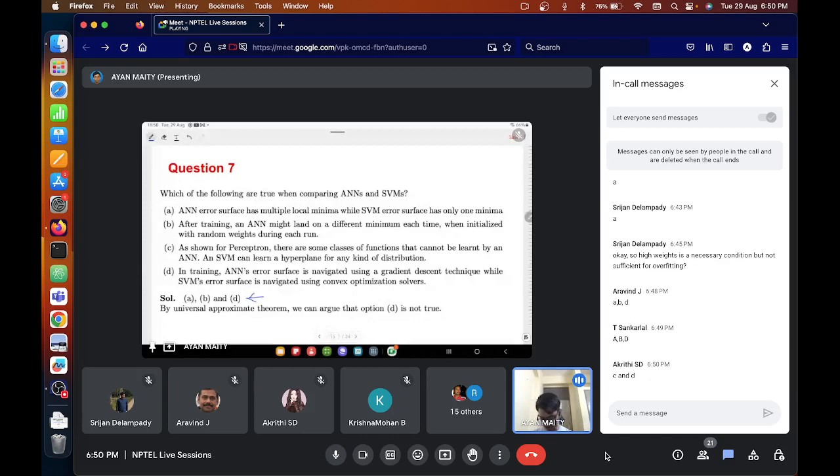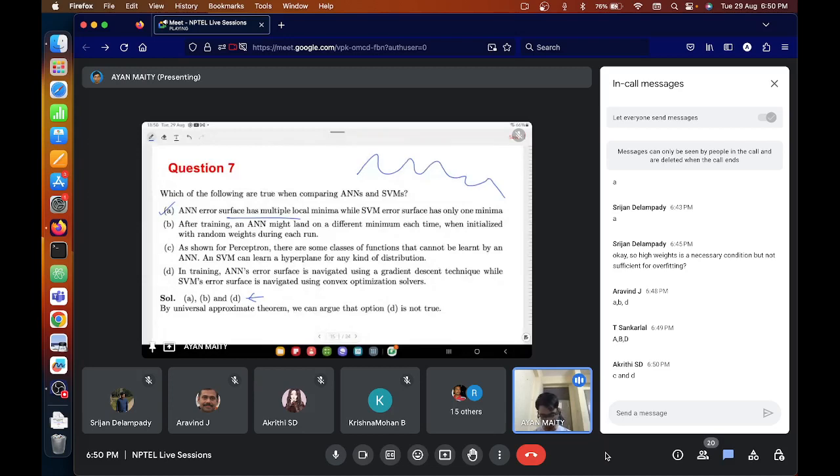Option A says that ANN error surface has multiple local minima while SVM surface has only one minima. This is correct. Because there are many weight parameters in the neural network, the error surface is very rough, so it can have multiple local minima points, and it might get stuck in any of these.